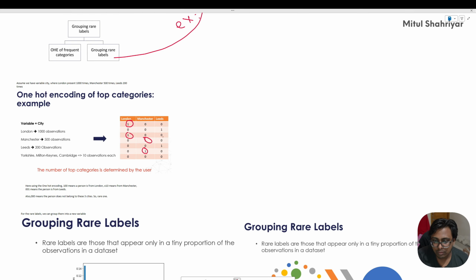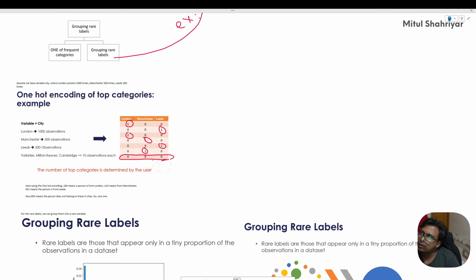For Leeds, these values are 1. But what if for these ones, we have 000? What's that? That means the person is from any other city rather than London, Manchester, and Leeds. Right. So this one-hot encoding can handle this.